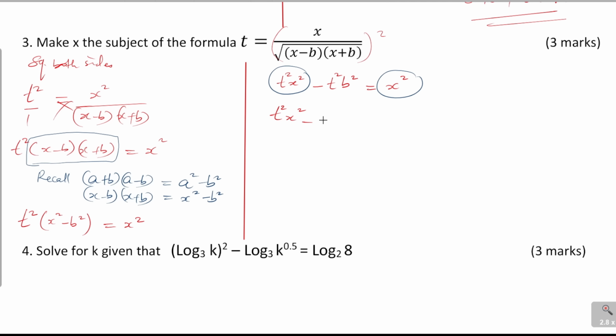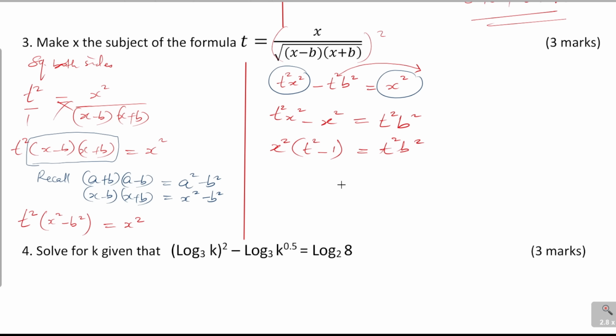So you shall have t squared x squared minus x squared is equal to, for this one you can take it to the right hand side, t squared b squared. Look at this, x squared is common on the left hand side. When you factorize x squared, you're going to remain with t squared minus 1, which gives t squared b squared.